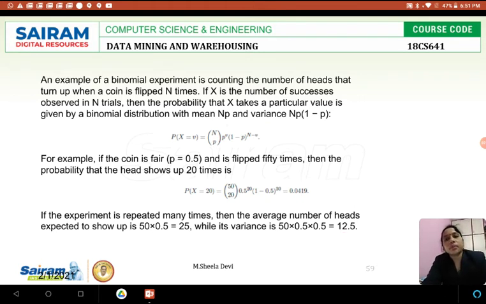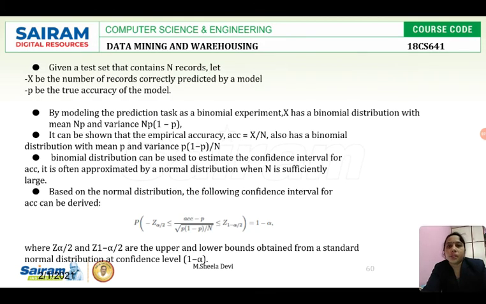We can compare the classifier with the help of the confidence value which we are going to obtain. So how can we calculate the confidence value? Given a test set that contains n records, where x is the number of records correctly predicted by the model, and p is the true accuracy of the model.